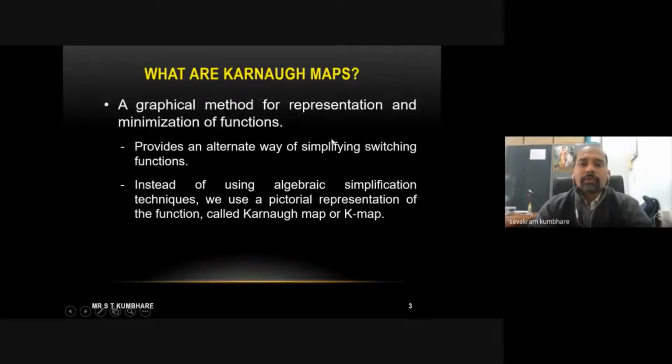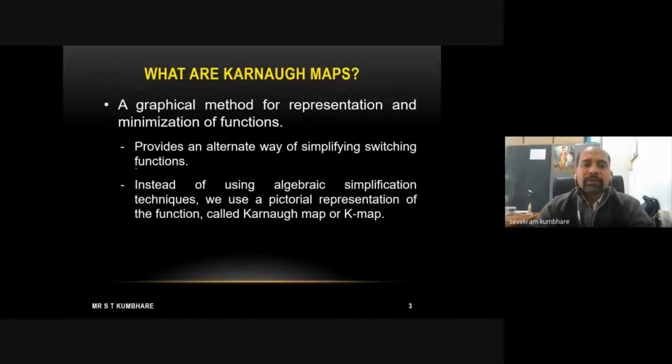So what is a Karnaugh map? It is a graphical method for representation and minimization of a function. Basically we want to minimize the function, meaning reduce or simplify it. It provides an alternative way of simplifying switching functions.